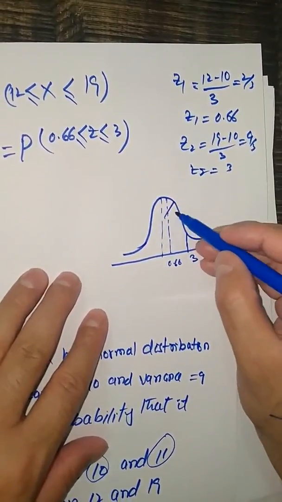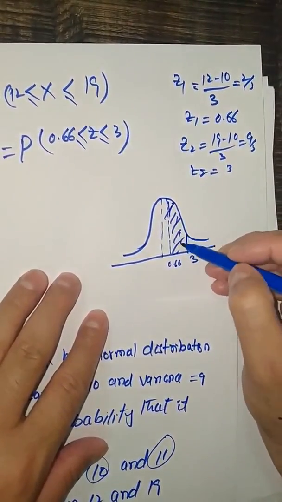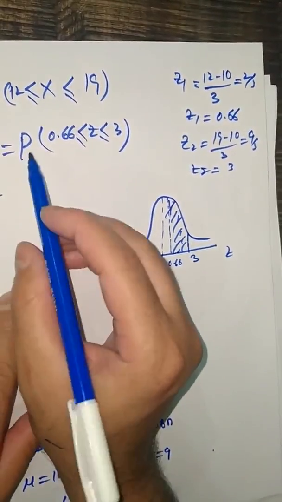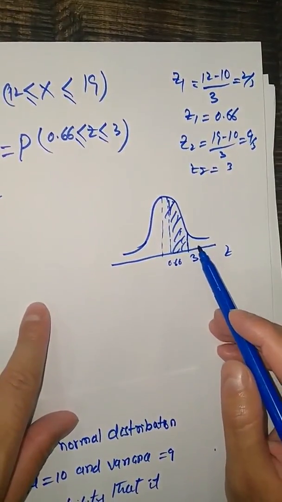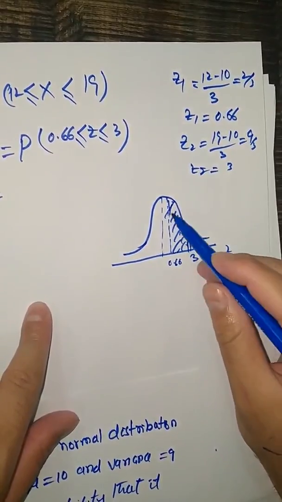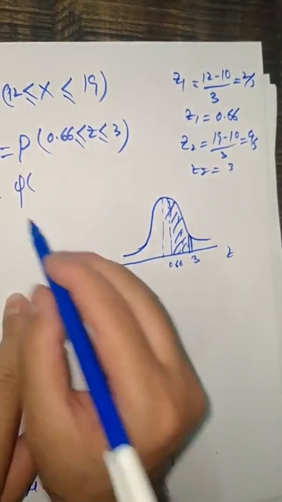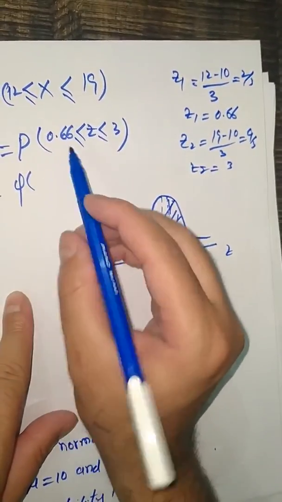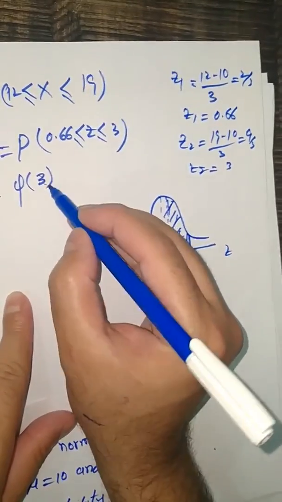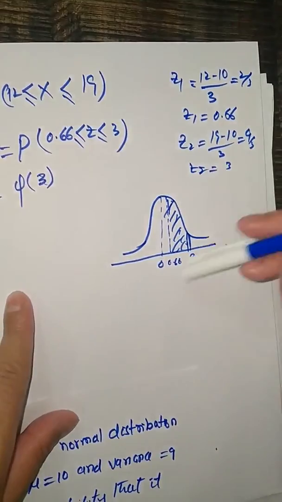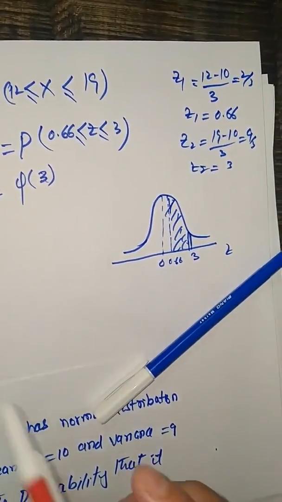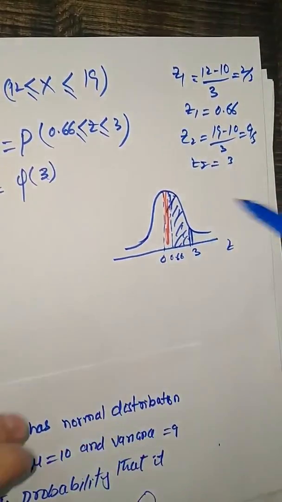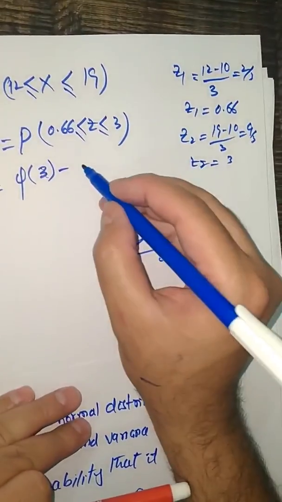Now look at the z table, so I can find this shaded area. First I will find the total area for z from 0 to 3. Then I will subtract this region. I can show this with the red pencil. So this region is when z is equal to 0.66.